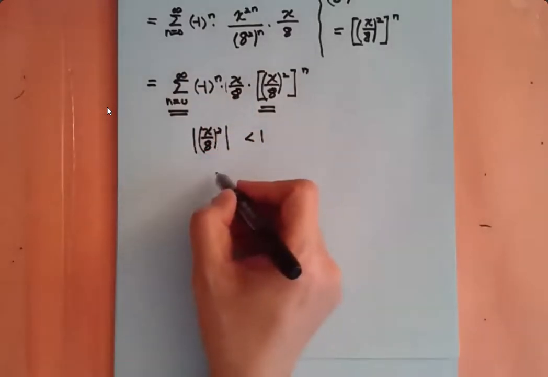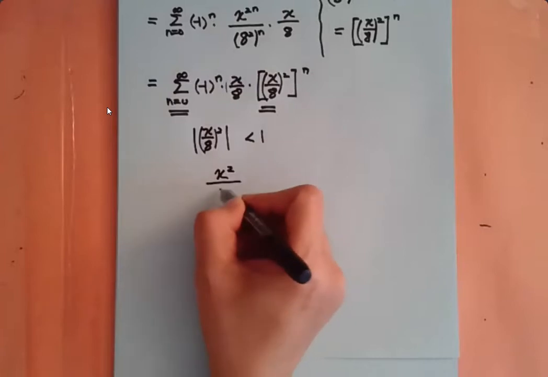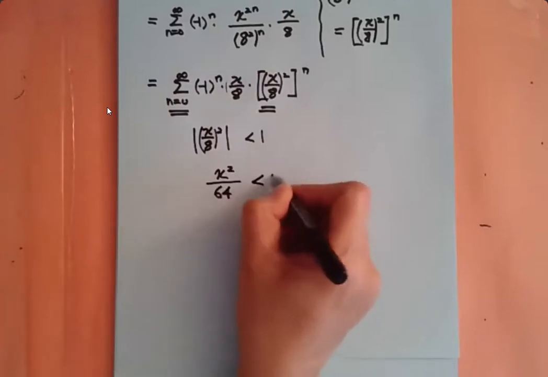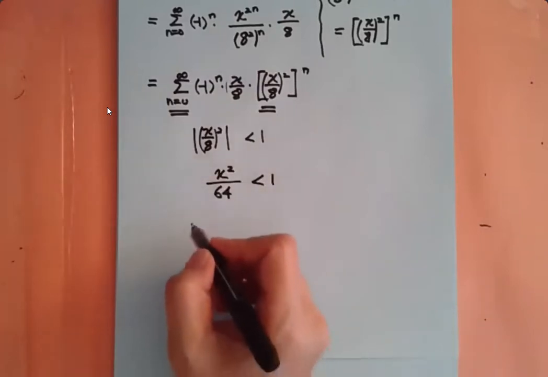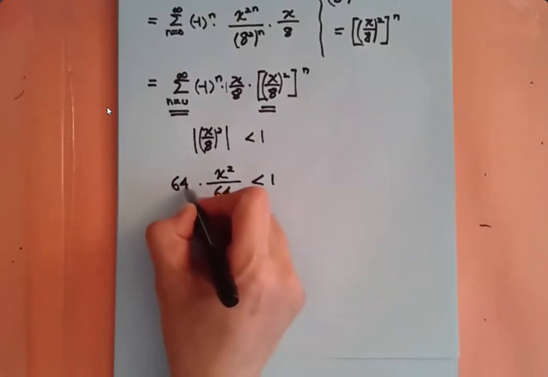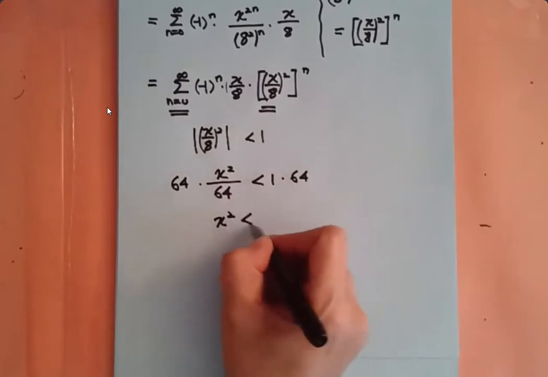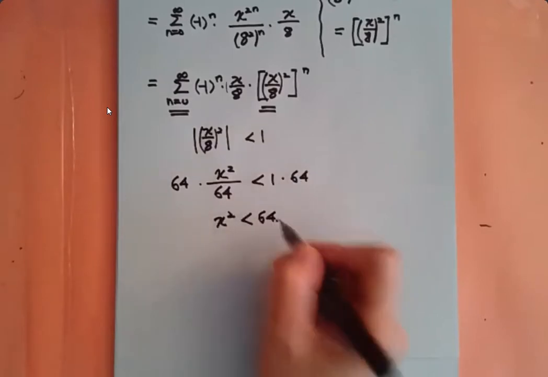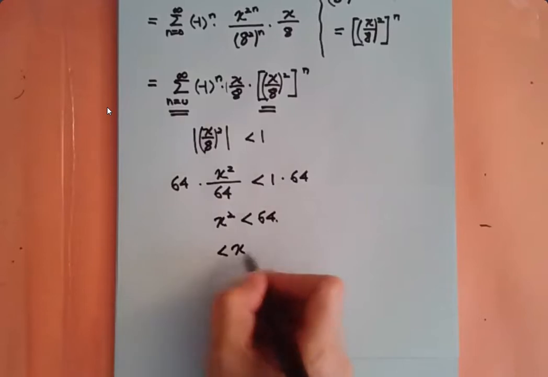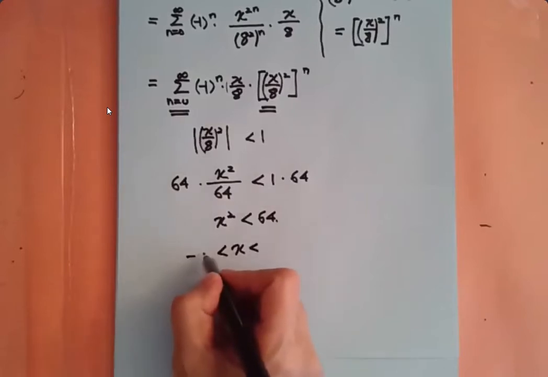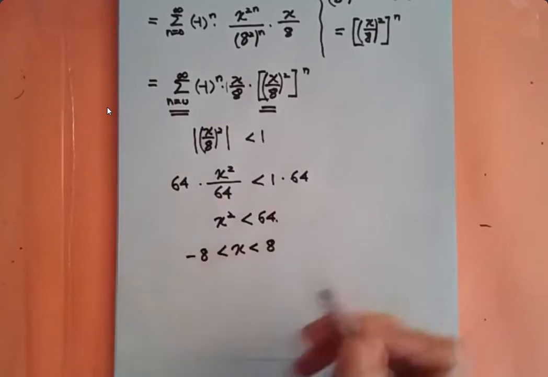So we can say that this is x squared over 64, that is less than 1. And we multiply by 64 on both sides. Then we have x squared less than 64. So x is between negative 8 and 8.